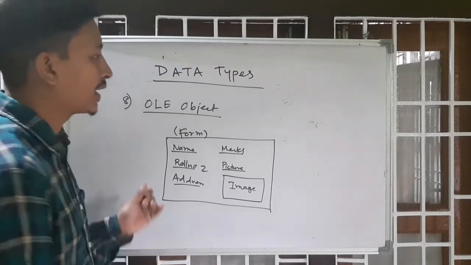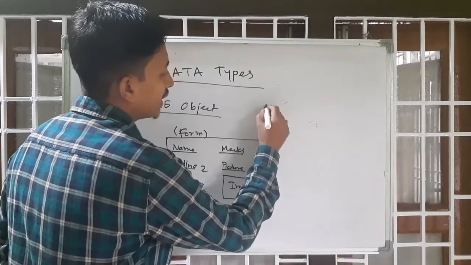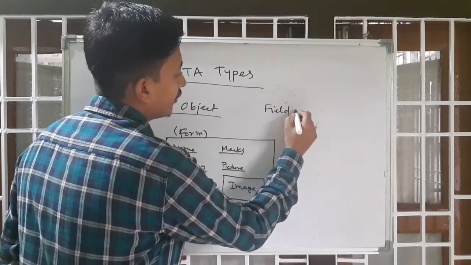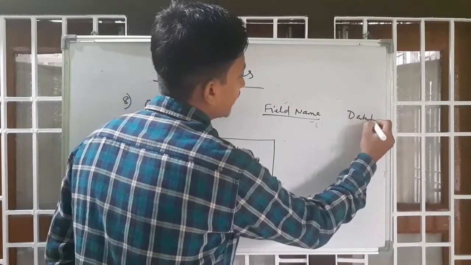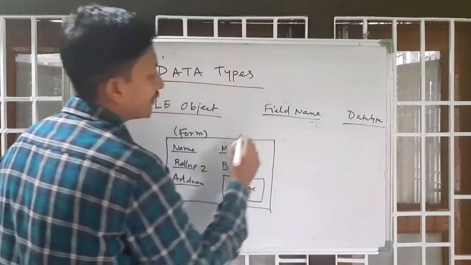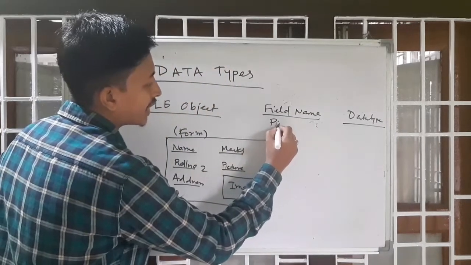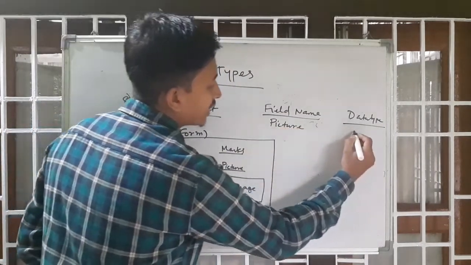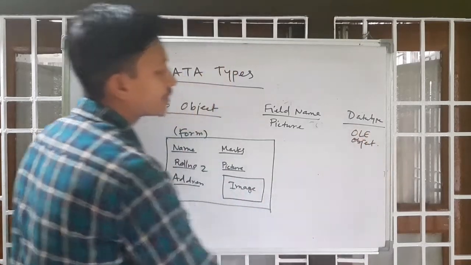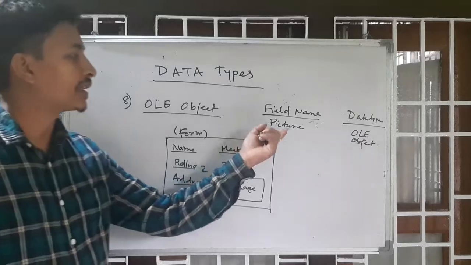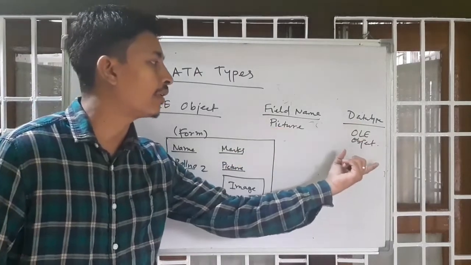Okay. In the table, for example, now you can see the field name and data type. You can see the field name is picture, and the data type is OLE object.